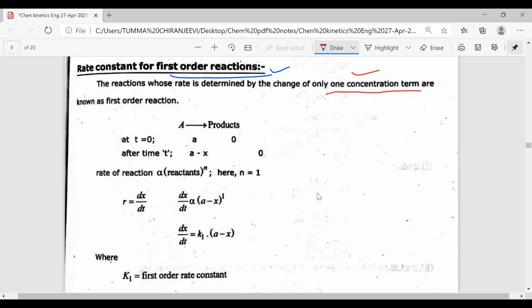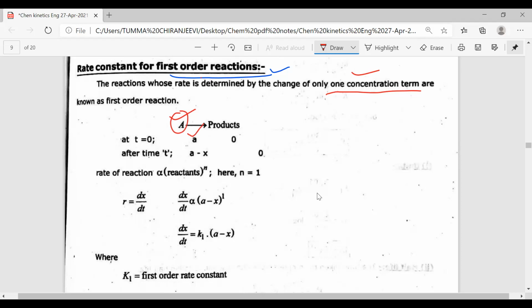Let's derive the rate equation for the first order reactions. For this purpose, let's check an equation: A gives rise to products. So this is a reaction, and in this reaction, the rate depends upon the concentration of A. Initially, before starting the reaction, let the concentration of the reactant be a.